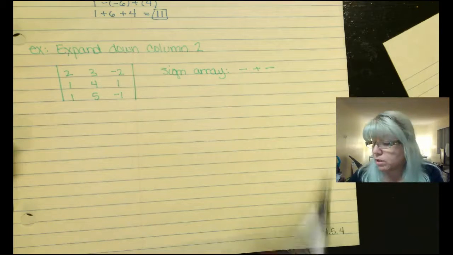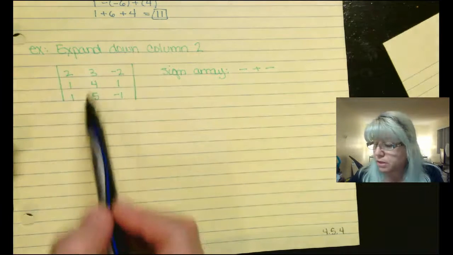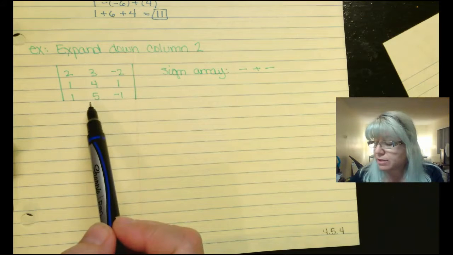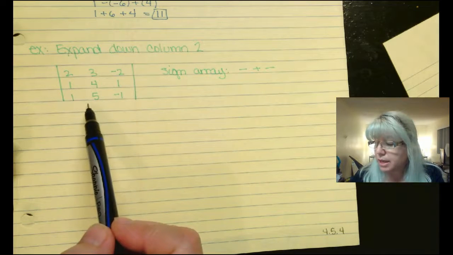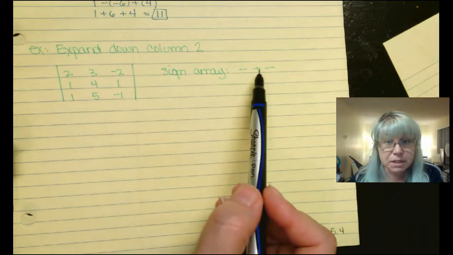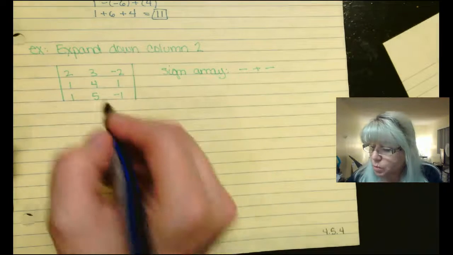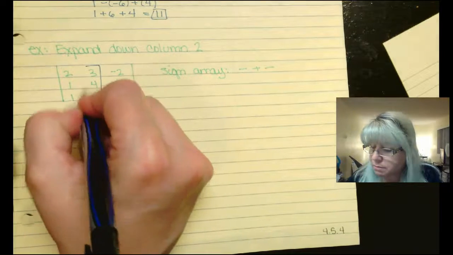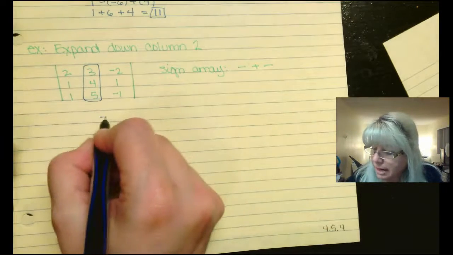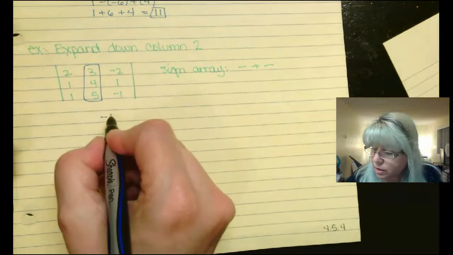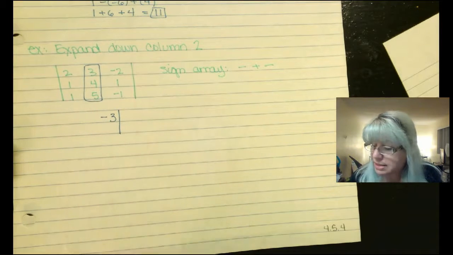This time we want to expand down column 2. And it turns out the sign array for column 2 is minus plus minus. Right? So let's work with the second column. Minus from the sign array. 3 with its minor.